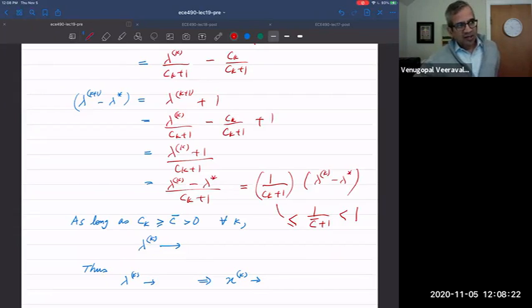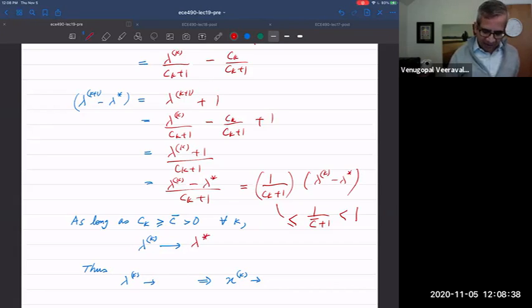We had a similar form. So what's going to happen to lambda_k? First of all, lambda_k has to go to lambda star as k goes to infinity. But how does it go to lambda star? It's a geometric convergence, because this coefficient multiplying here is less than 1.